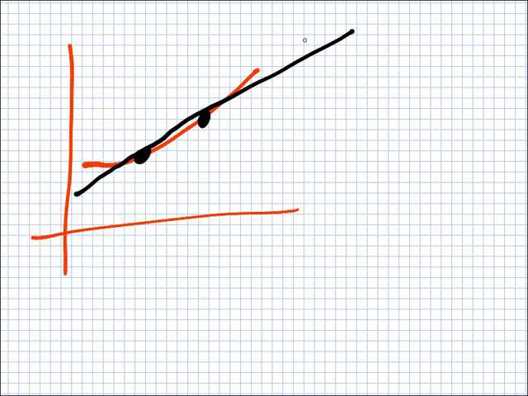Technically, no. Because what does it mean to have a tangent? Crossing through 1 point. Whereas here, I crossed through 2 points. So is it a tangent? No. But if these points were very close together, it would kind of look like a tangent, wouldn't it?